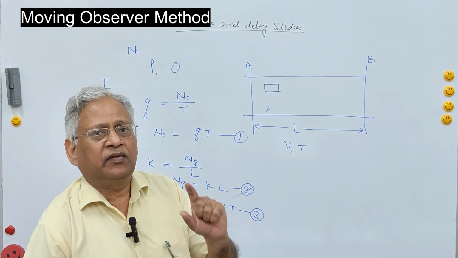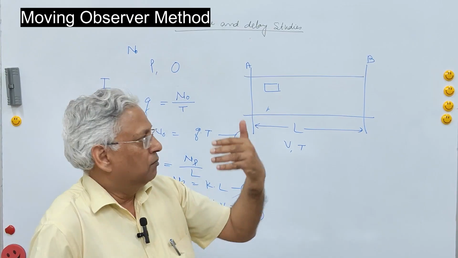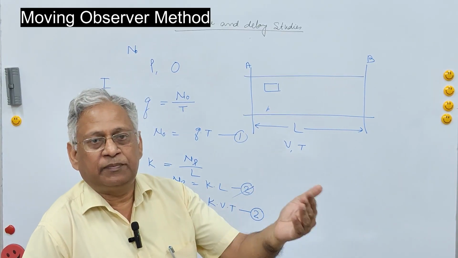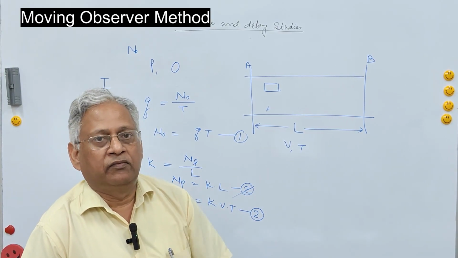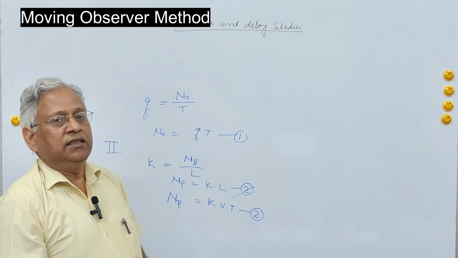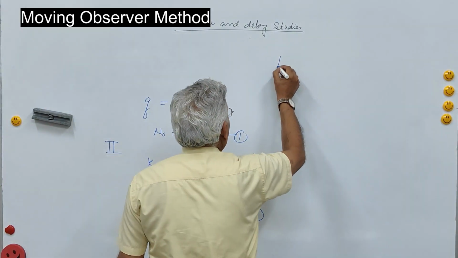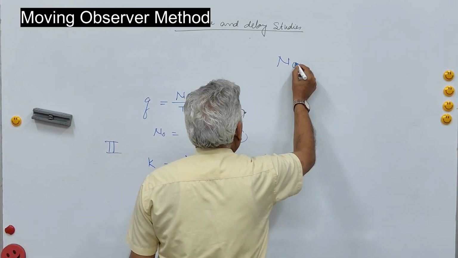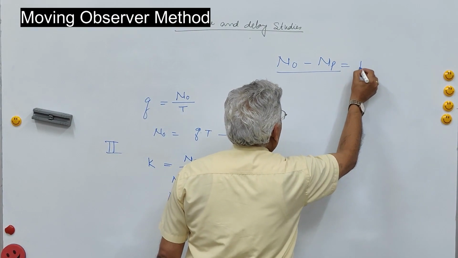If the test car is moving at faster speed, it will overtake more number of vehicles. If it is moving at slower than the average speed of the stream, it will be overtaken by more number of vehicles. So when the test car is also moving and the stream is also moving, then let us say this N0 minus NP is equal to M.